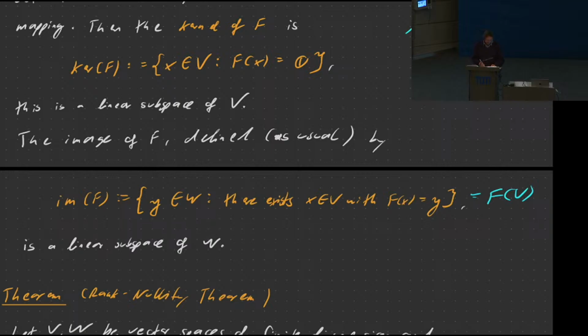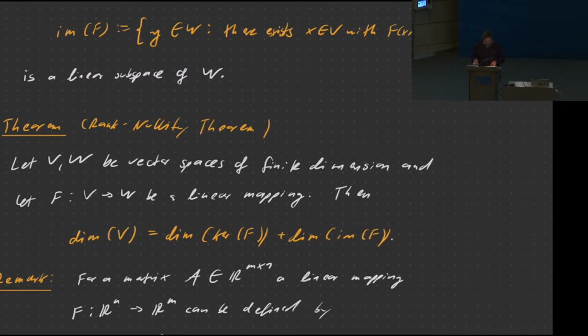And this time, of course, the image lives in the codomain W. The kernel lives in V, the image lives in W. Right? So the kernel is a subspace of V, the image is a subspace of W, of the codomain.